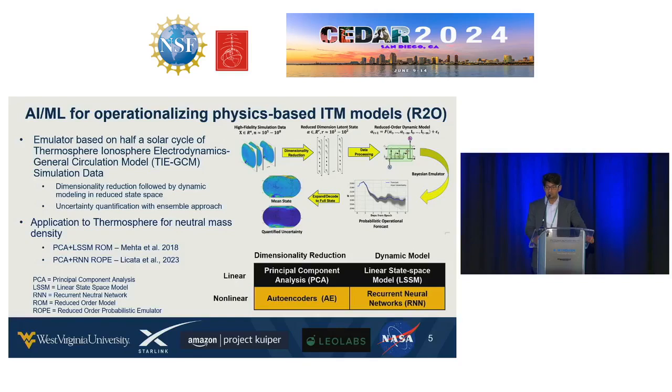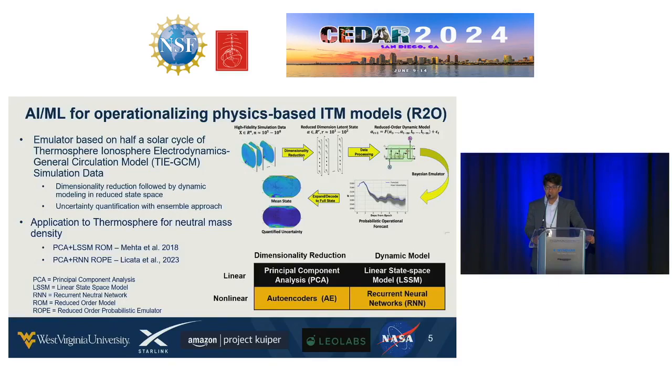There are different methods on how we could go about doing this, and there are different combinations. So there are two primary steps, dimensional reduction and dynamic model. You could use linear approaches for both. You could use nonlinear approaches for both, or a combination. We historically started doing the linear approaches, crawl, walk, run kind of approach. And so we did the PCA plus linear state space model back in 2018.